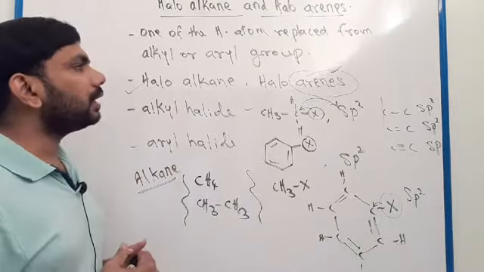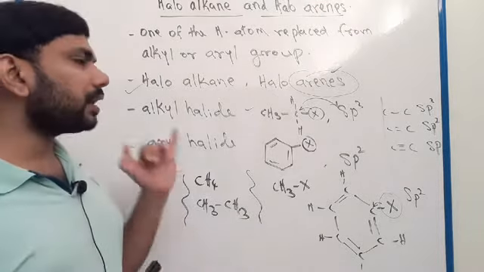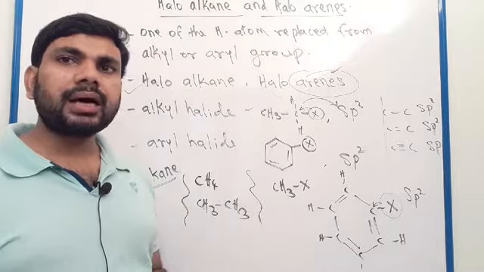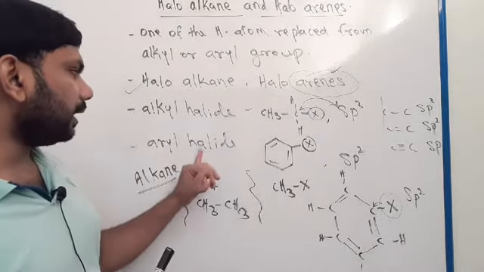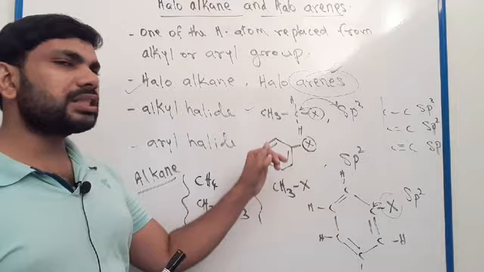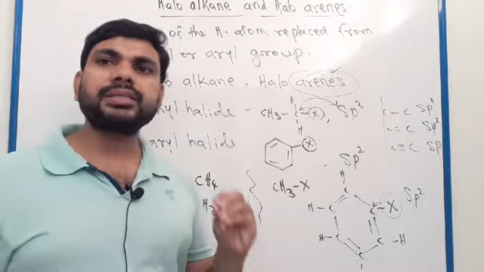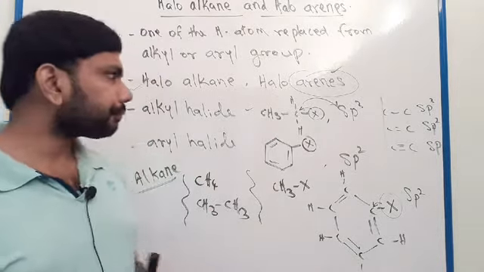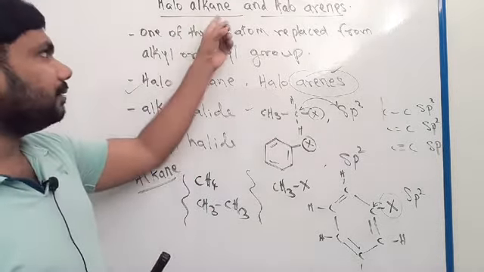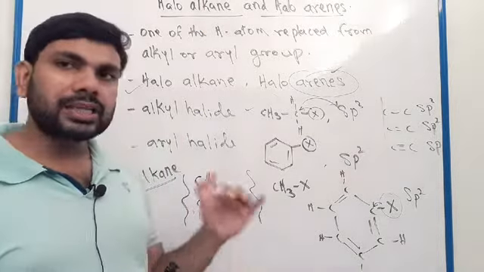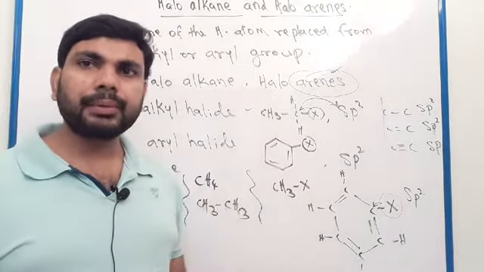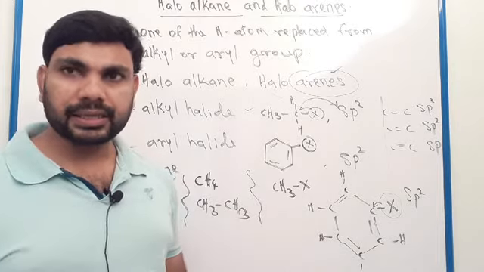So in haloarene or aryl halide, halogen is attached to an sp2 hybridized carbon. In haloalkane or alkyl halide, halogen is attached to an sp3 hybridized carbon.